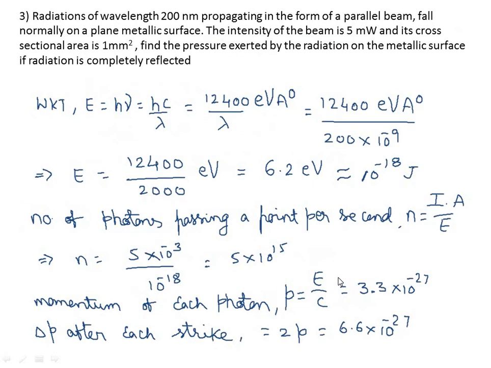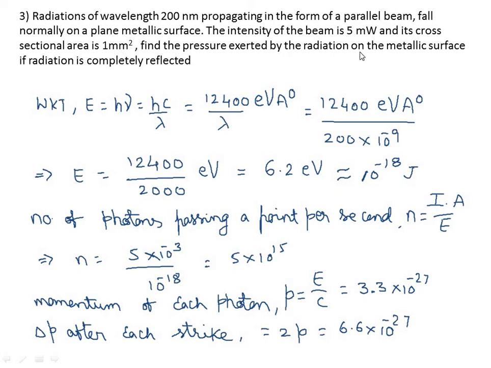Okay. Next one. Radiations of wavelength 200 nanometer propagating in the form of a parallel beam fall normally on a plain metallic surface. The intensity of the beam is 5 milliwatt and its cross sectional area is 1 millimeter square.